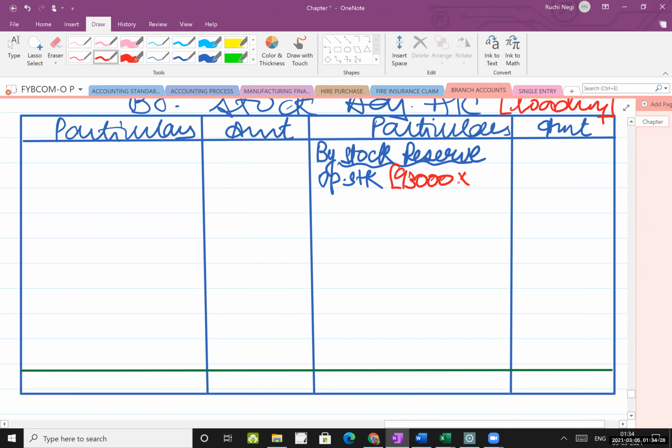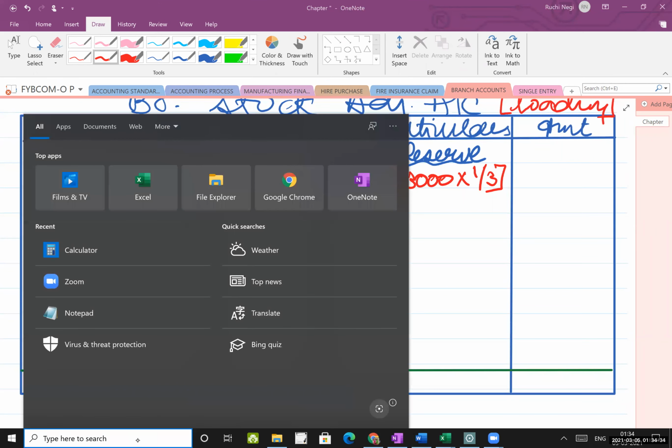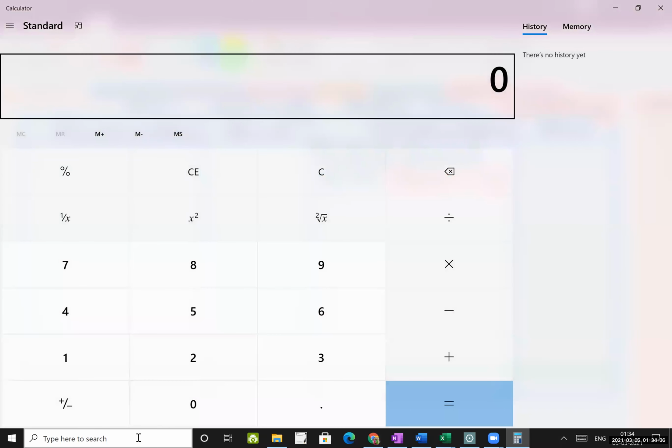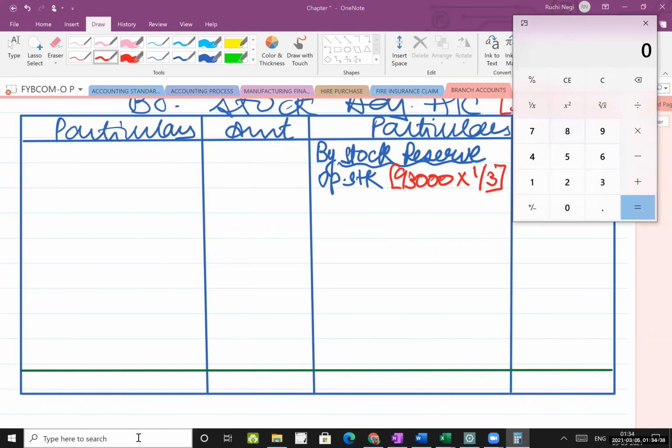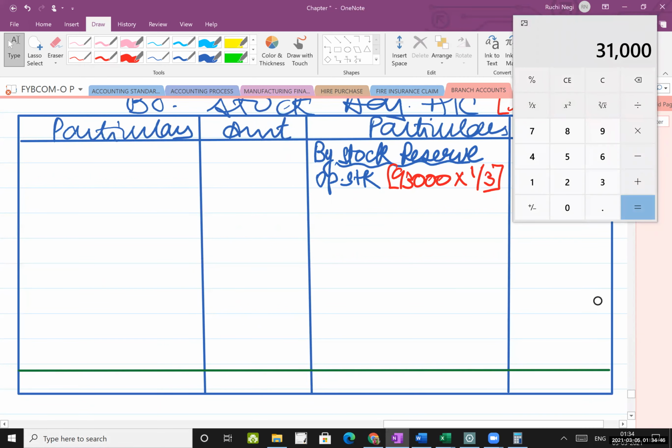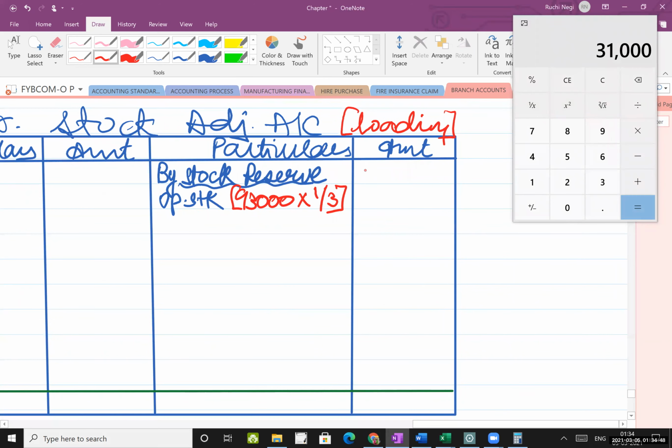So let us do the calculation. One third of 93,000. 93,000 divided by 3 comes to 31,000. So right here 31,000.